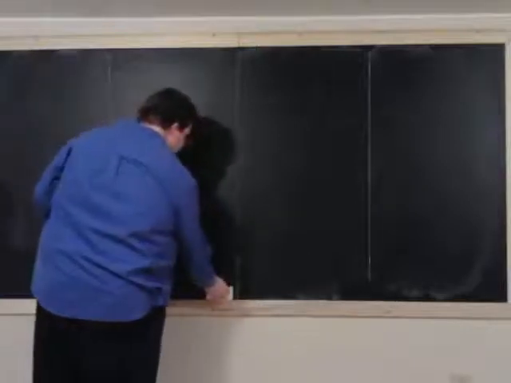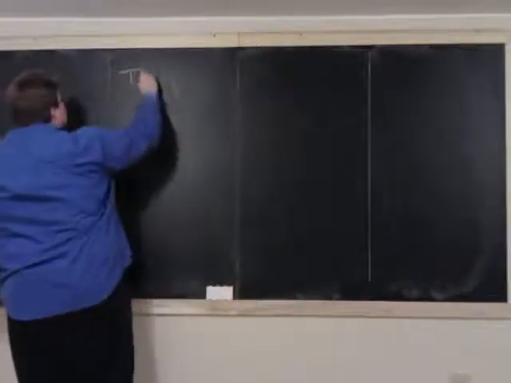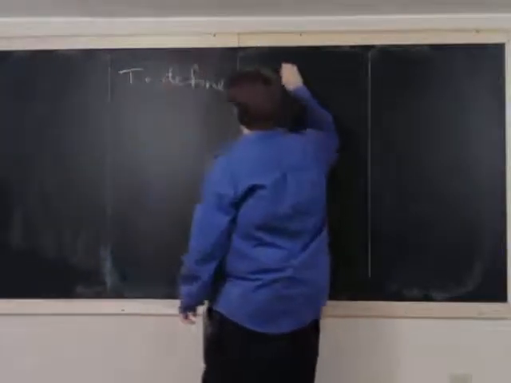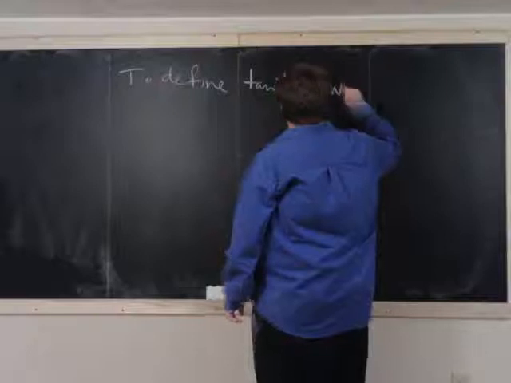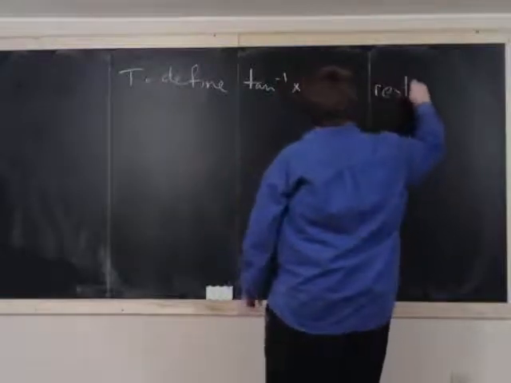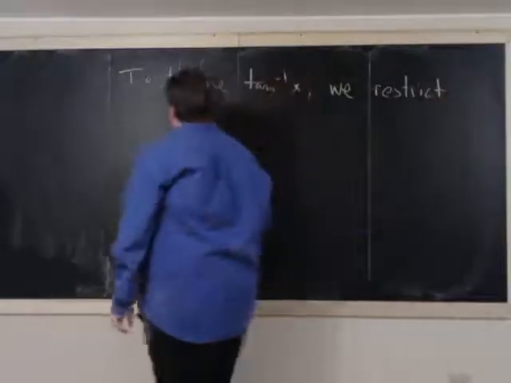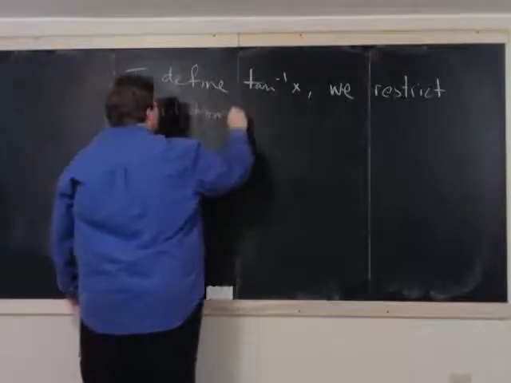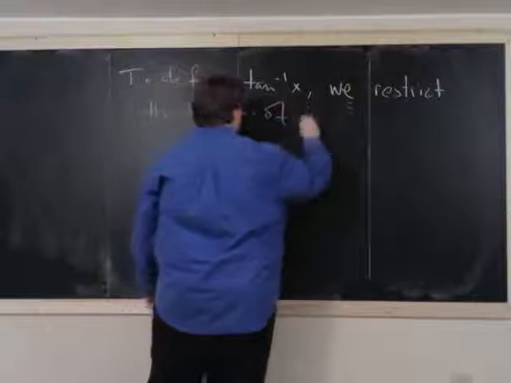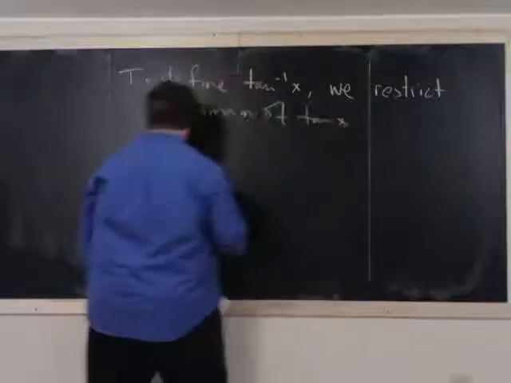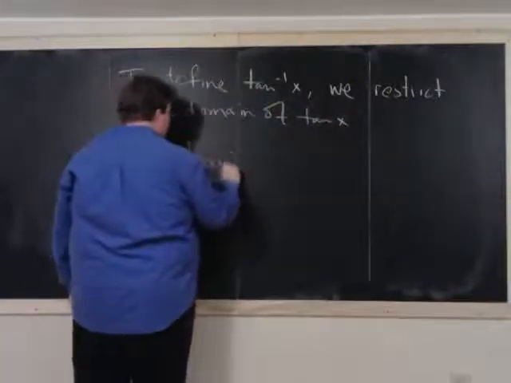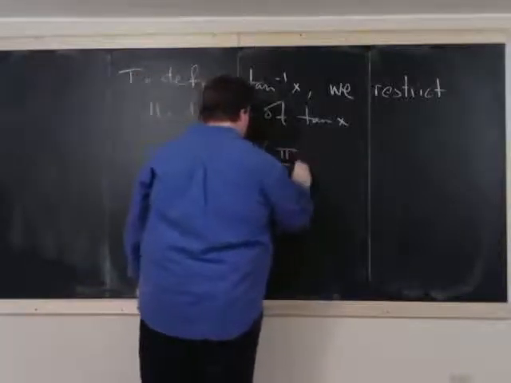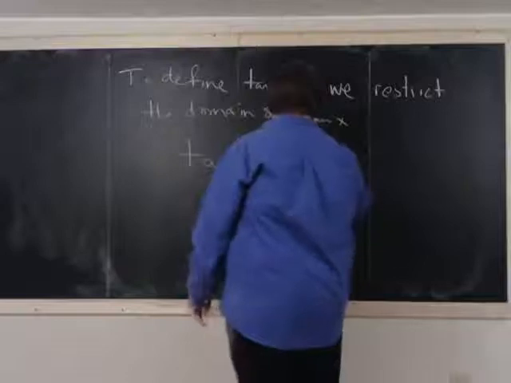So to define inverse tangent, we restrict the domain of tangent. And in this case, we'll restrict it to just negative pi over 2 to pi over 2.